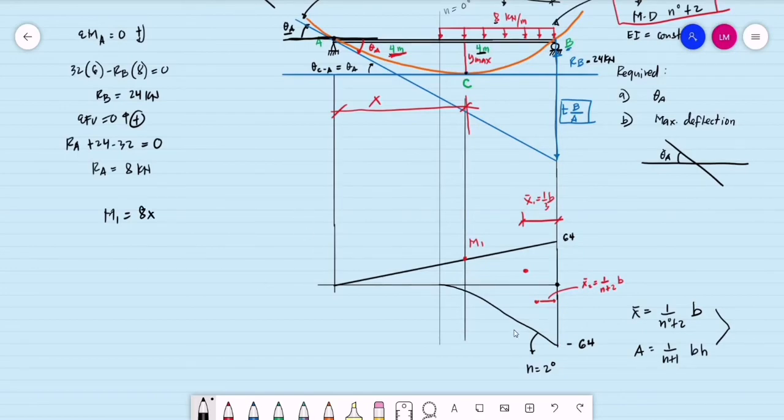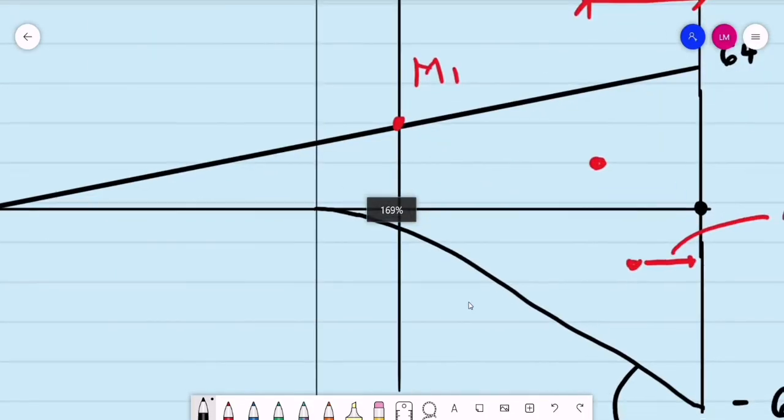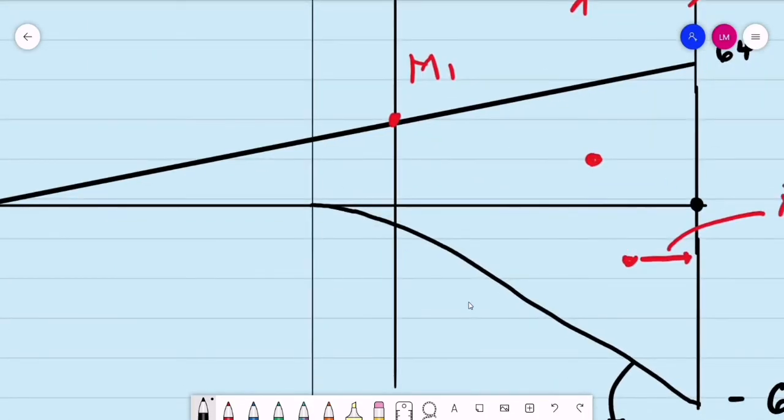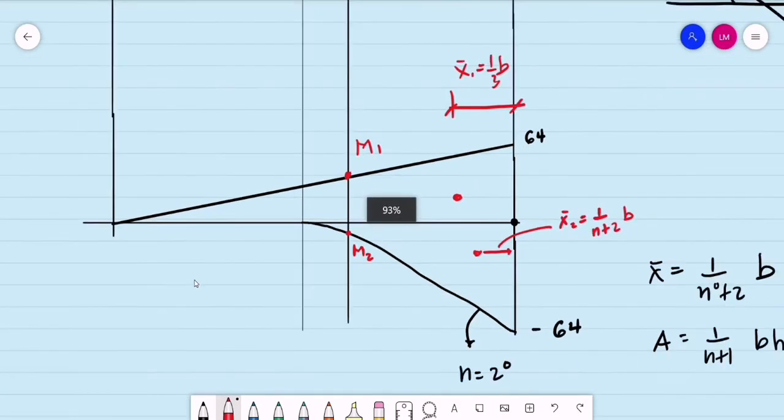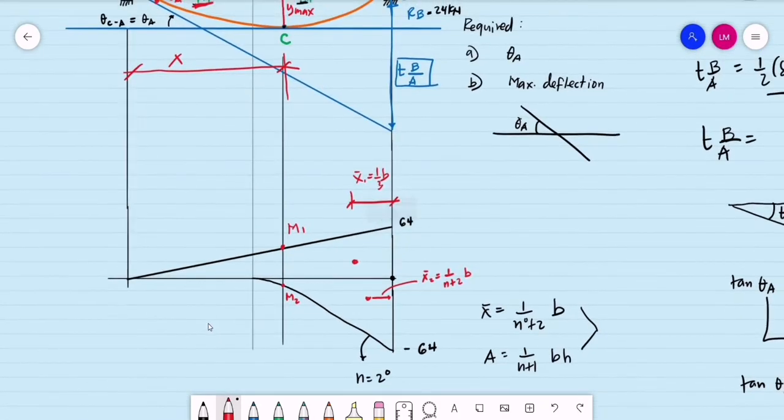Then what about this point? Let's say this is moment number 2, that is on the spandrel. If we have this distance as x, basically this distance is x minus 4.